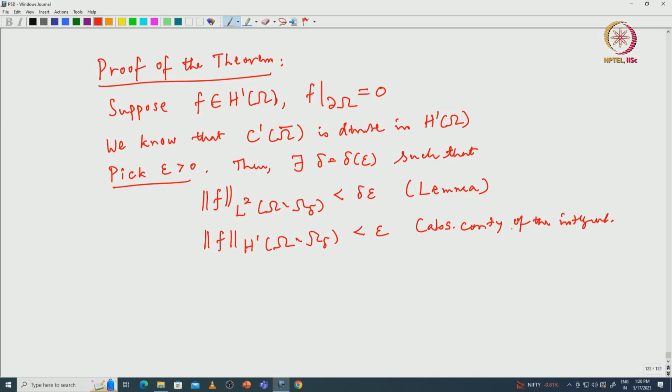So, the first one follows from the lemma and this is the absolute continuity of the integral. And this is where we have used the hypothesis that trace is 0. So, remember that. And that is where that extra delta is coming.